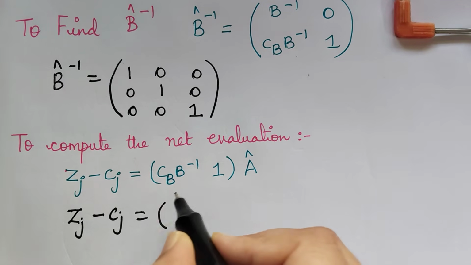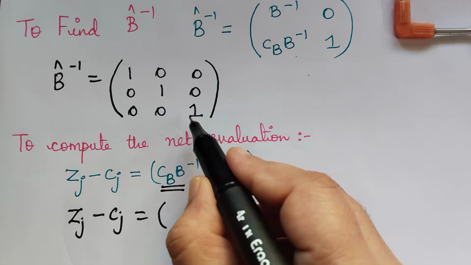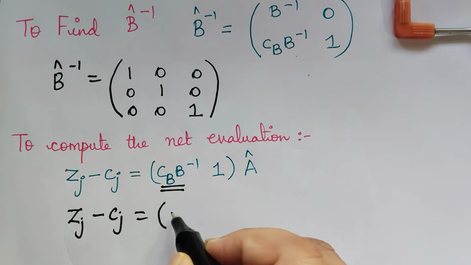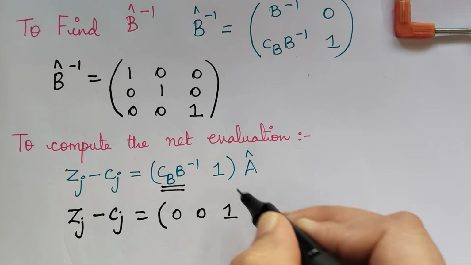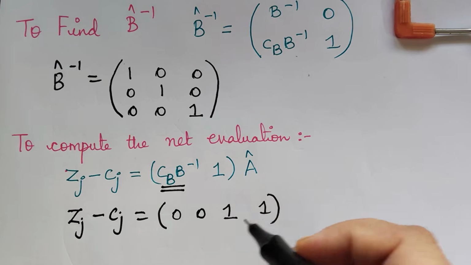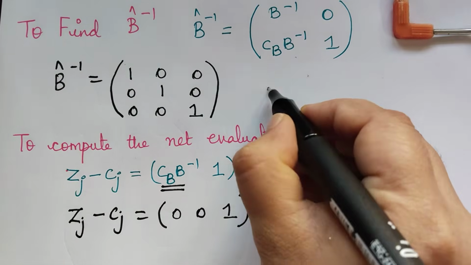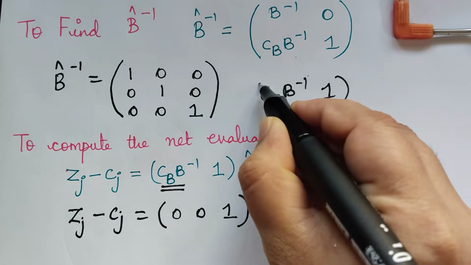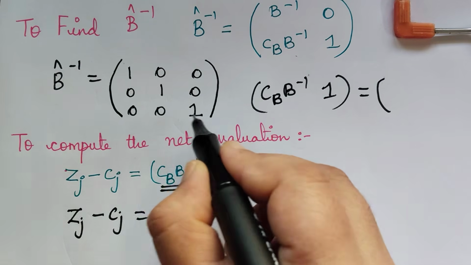Now I will give you a trick: CB B inverse will be the last row of B cap inverse. Now what is the last row of B cap inverse? It is 0, 0, 1. So you can directly take and write that. So 0, 0, 1. And then we have this 1 over here. Including that one is this matrix. Remember, CB B inverse 1 is equal to the last row of the current B cap inverse.